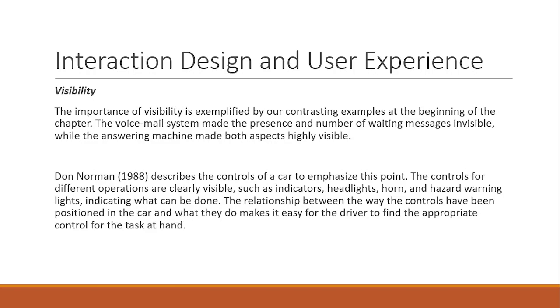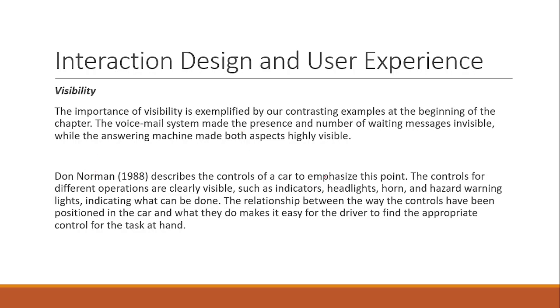So, visibility. The importance of visibility is exemplified by the contrasting examples at the beginning of the chapter. The voicemail, the example in differentiating a good and a poor design, made the presence and the number of waiting messages invisible, while the answering machine made both aspects highly visible.